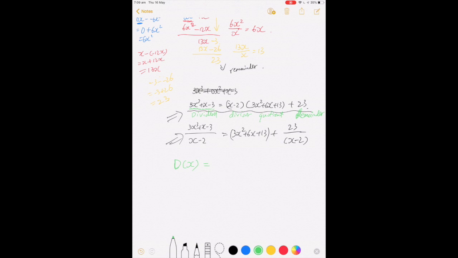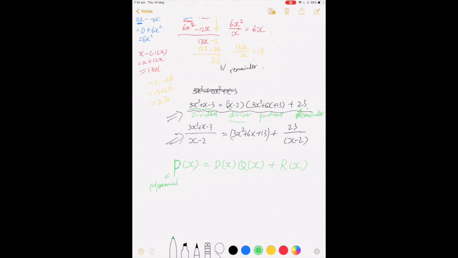Over here we use P to stand for the dividend polynomial, so P of x is equal to the divisor D of x times the quotient plus the remainder.